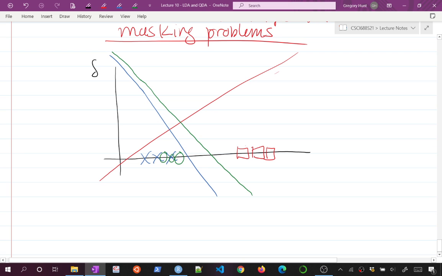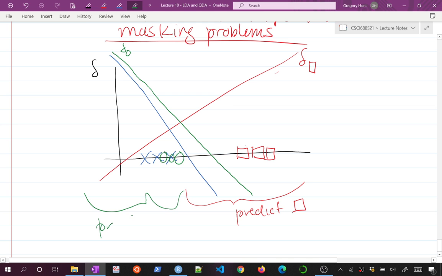And in this case, over here, I'm going to predict red squares because my red discriminant function is highest. So this is delta square. And over here, delta circle is highest. So I'm going to predict circle.